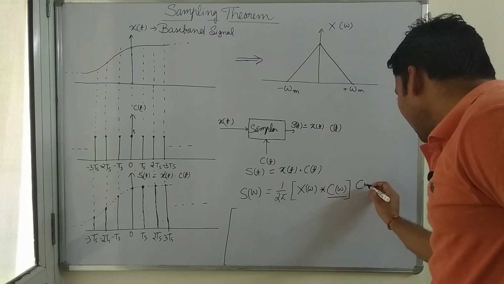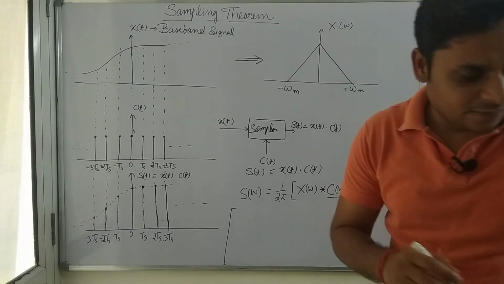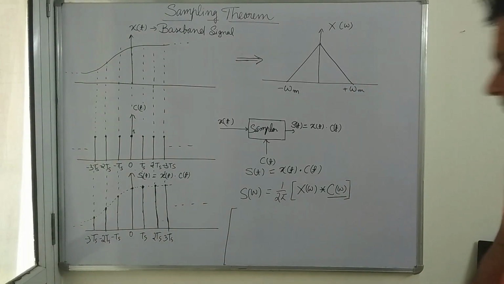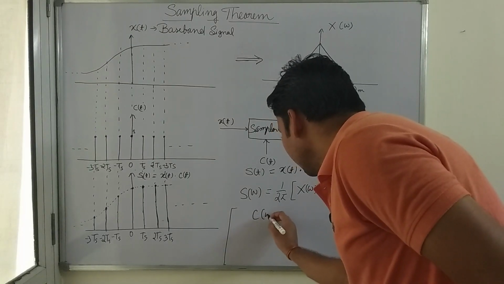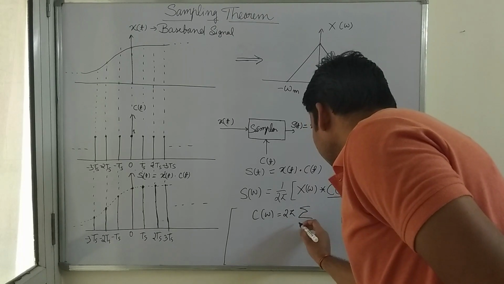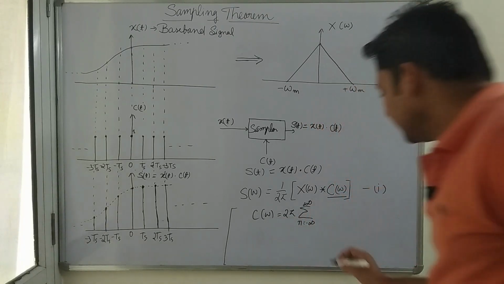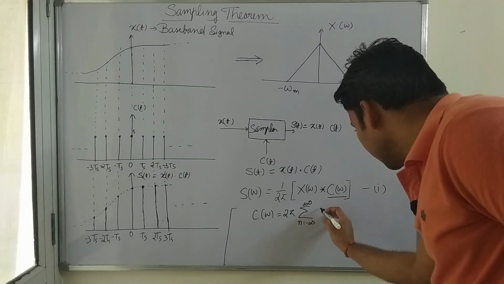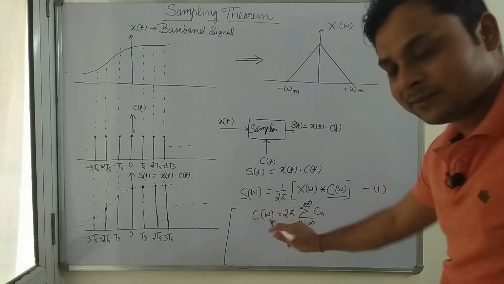Then C(omega), let's write it here. This is equation 1, and C(omega) will be equal to 2 pi summation n equals minus infinity to plus infinity, Cn, and this Cn has nothing to do with that function c.